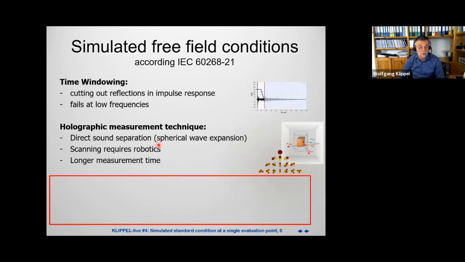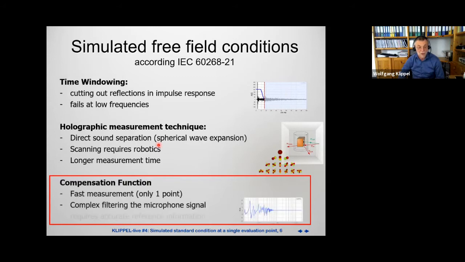At very low frequencies, it is very precise, but you need some robotics and you need some scanning time for doing that. So it takes some time. And now today we are focusing on using the data from time windowing and from the holographic measurement or other similar techniques, like a ground floor measurement outside, to generate compensation functions.